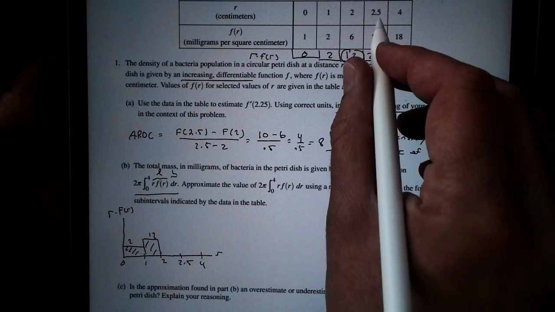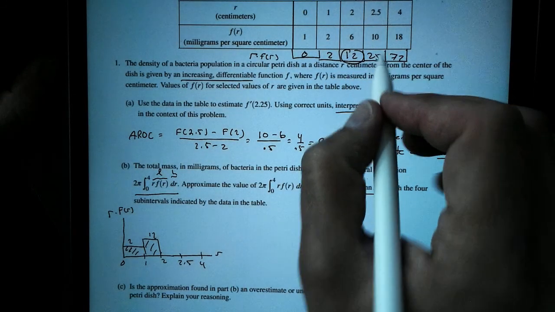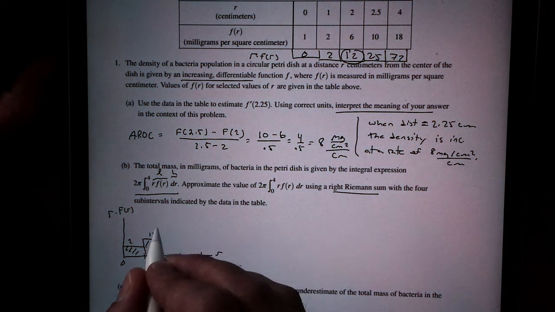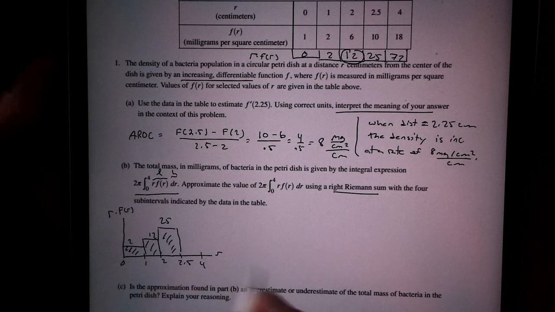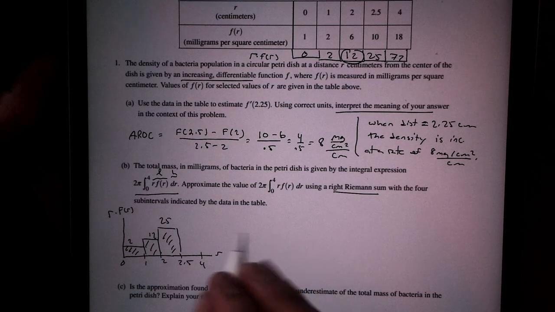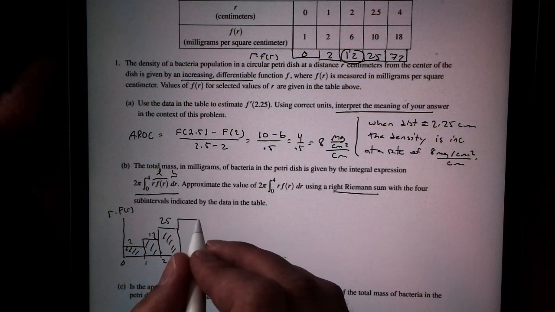And if we go to the next one, between 2 and 2.5, 2.5 is on the right, that's going to give me a height of 25. And then the last one, 4 is on the right, which is giving me a height of 18.